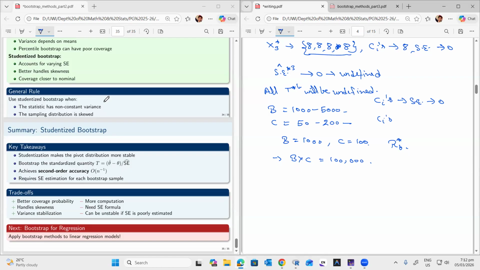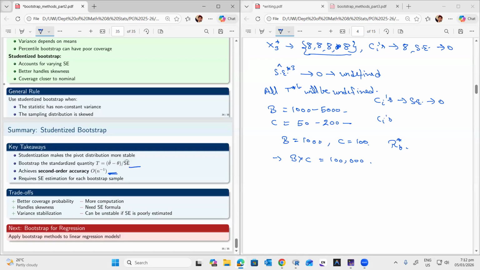Studentization makes the pivot distribution more stable, and we bootstrap the standardized quantity t, that is t equals theta cap minus theta over the estimated standard error, and it will achieve second order accuracy.